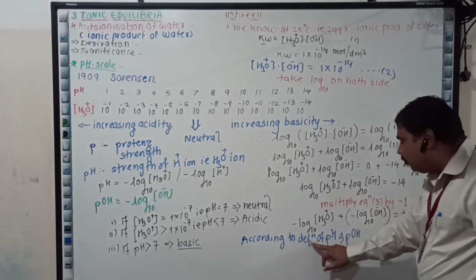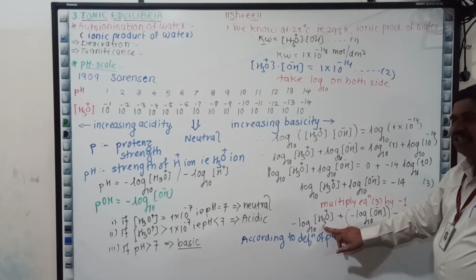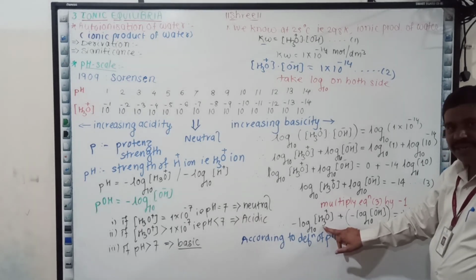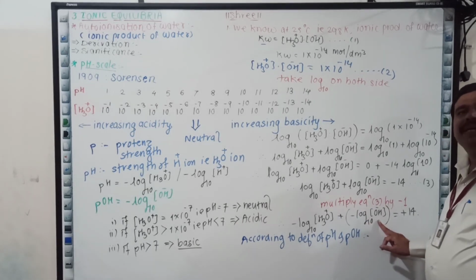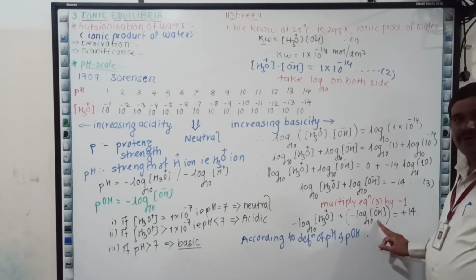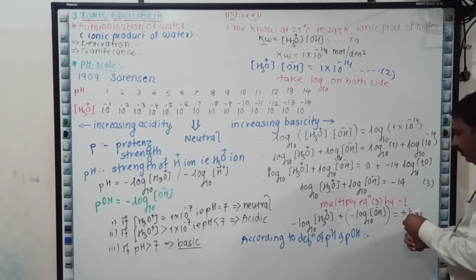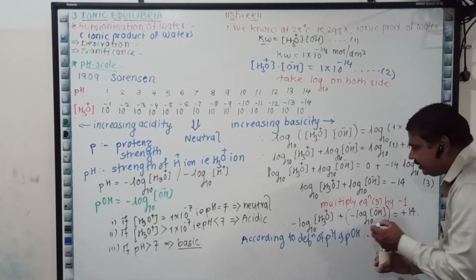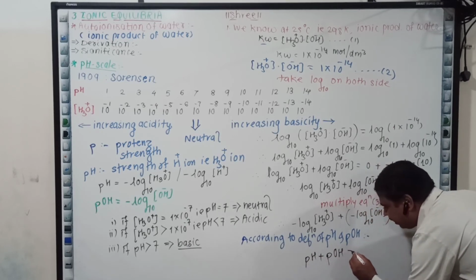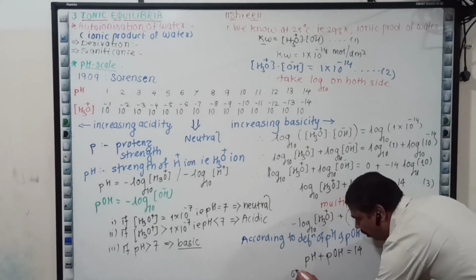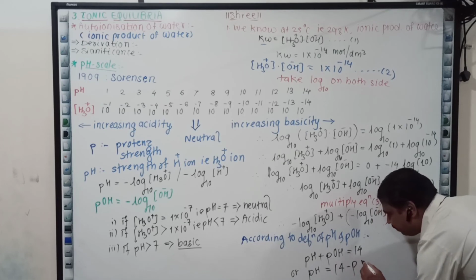That means minus log to base 10 concentration of H3O plus means pH and minus log to base 10 concentration of OH minus ion means pOH. Right? Put the values of pH and pOH in above equation. We get final equation is pH plus pOH is equal to 14 or pH is equal to 14 minus pOH.